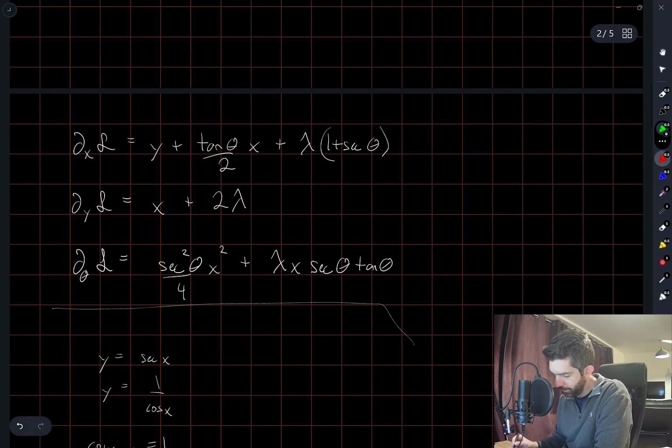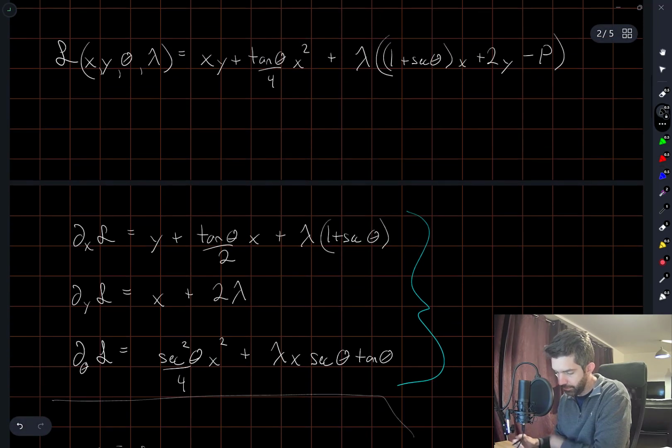Okay. So I have a system of equations, 3 equations and 3 unknowns. Well, there's a fourth unknown, the Lagrange multiplier, but we also have a constraint here. And now I need to try and figure out what the most convenient method will be to solve these things.